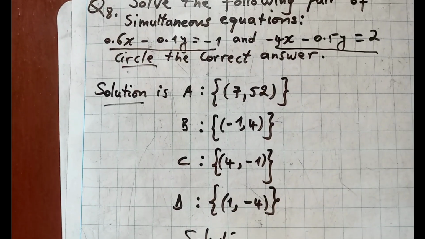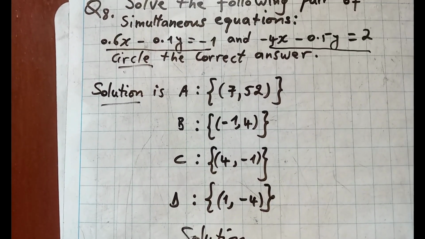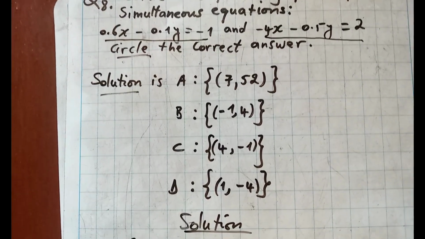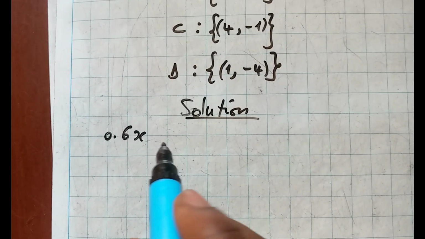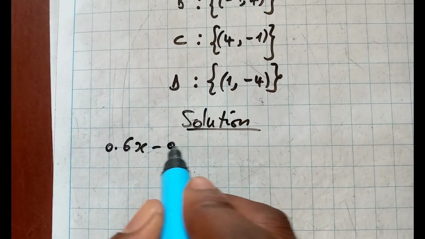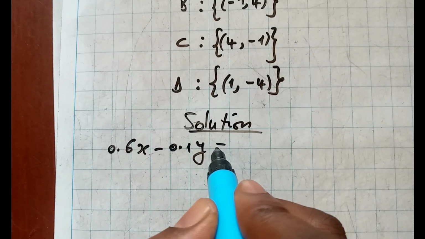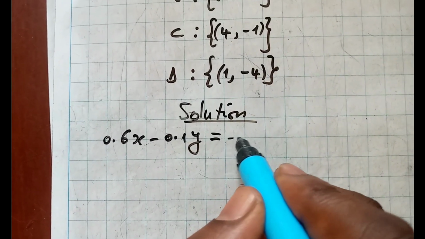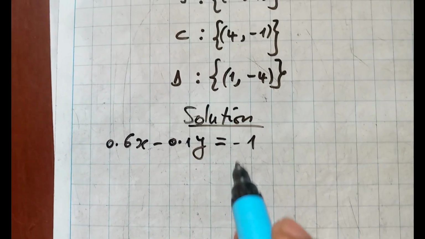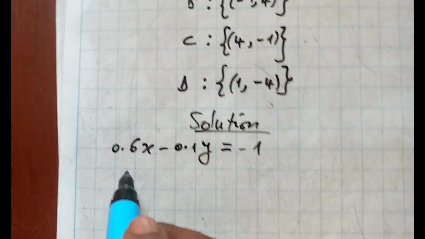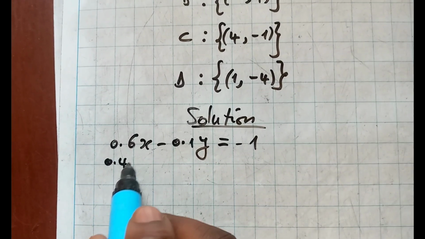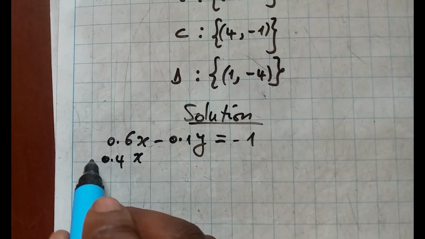Let us start by highlighting the equations. We have 0.6x minus 0.1y, which is equal to minus 1, and we have 0.4x, which is negative.